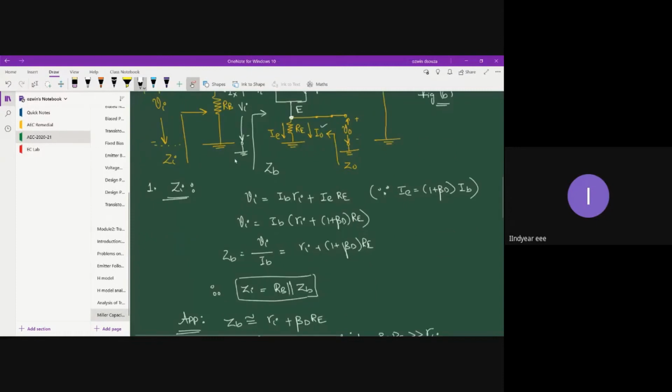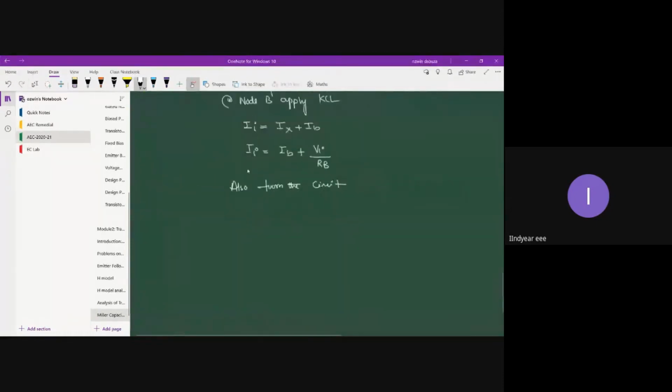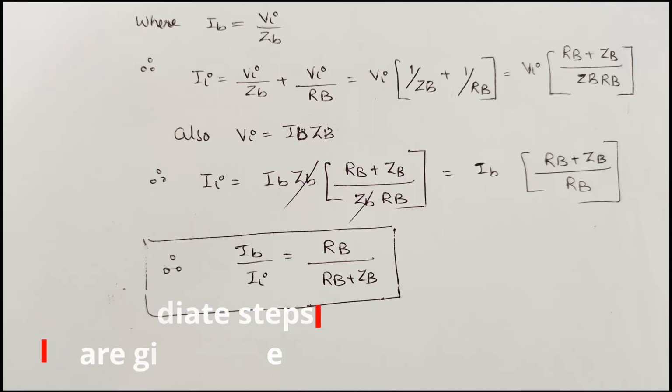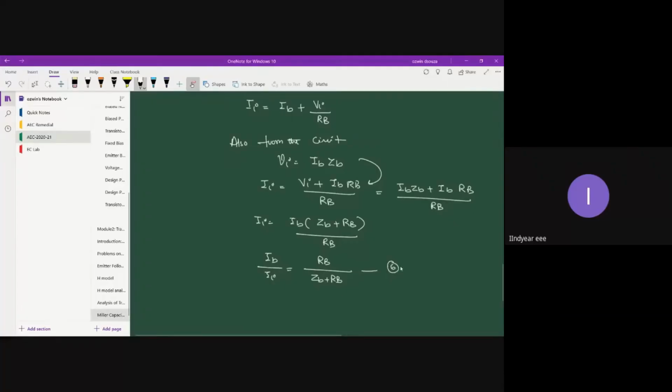Okay, so from the circuit we have Vi is equal to IB into ZB. So substitute equation 6 in equation 5.